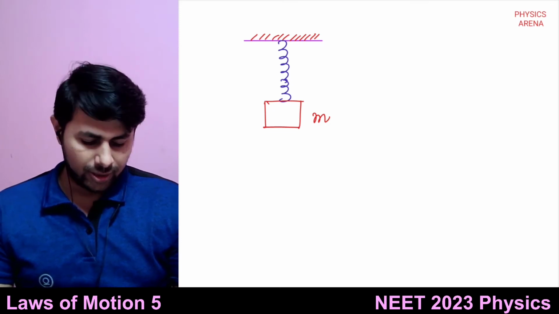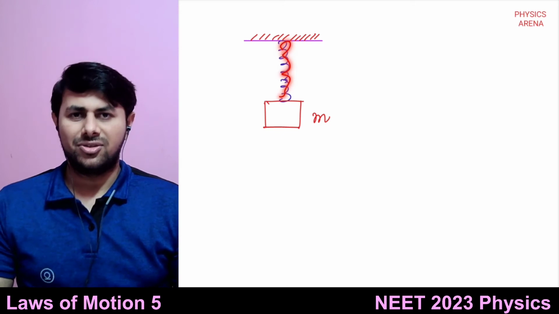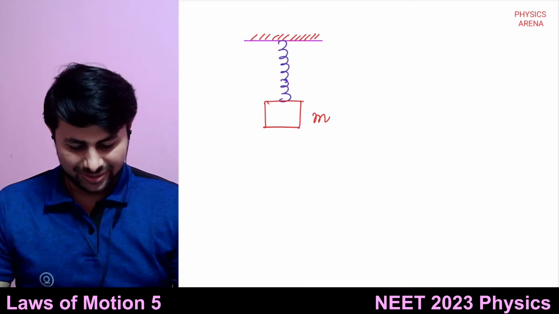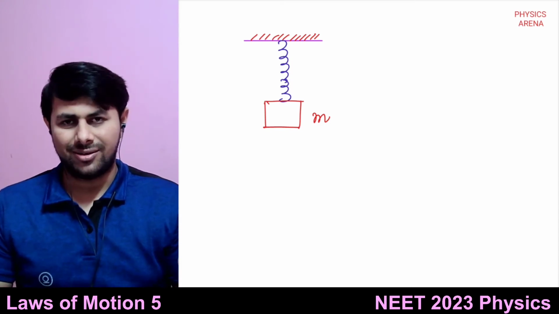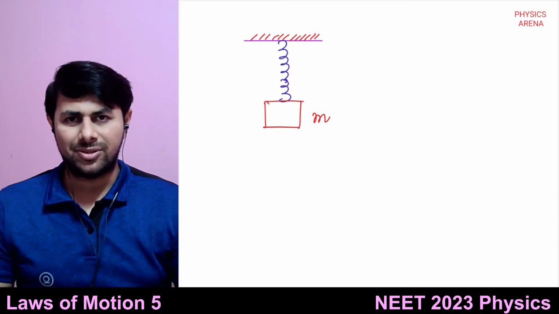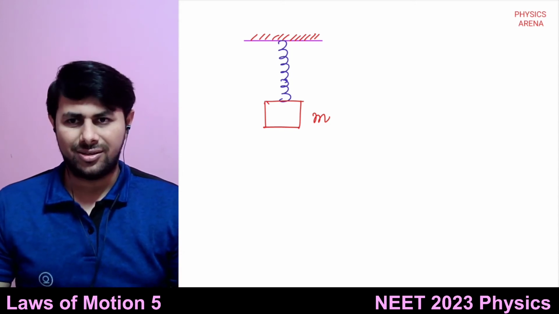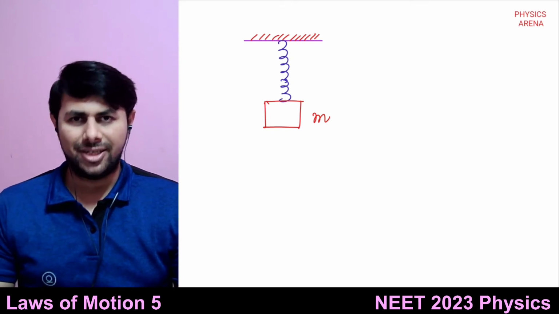What we will consider is the ideal spring. Ideal springs are massless and inextensible, so doesn't matter how many times you stretch them, there won't be any permanent extension in the length.